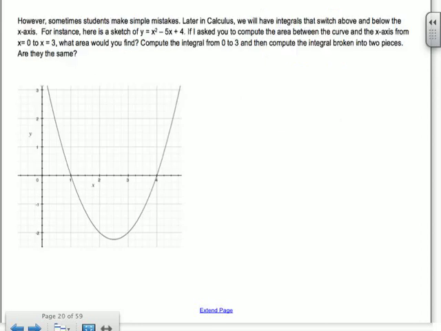Okay, however, sometimes students make simple mistakes with this. So I've told you that sometimes you're going to have integrals that switch above and below the axis. So for instance, here's a sketch of y equals x squared minus 5x plus 4. If I asked you to compute the area between the curve and the x-axis from 0 to 3, you would find this positive number, and you would subtract out this negative number.